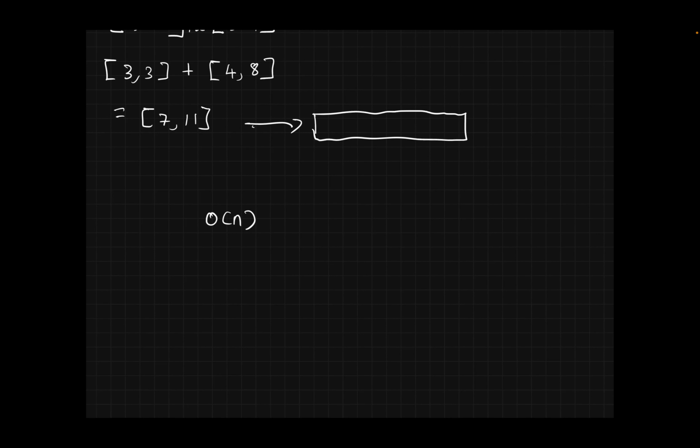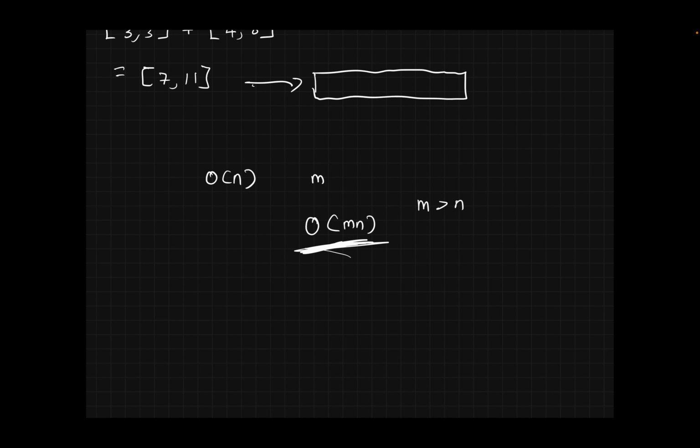But now you're going to be doing a lot of evaluations, not just one. Let's say you're doing m evaluations. That means your entire running time is O of mn, where m is greater than n. So this is the running time for regular evaluation, the Reed-Solomon using regular evaluation.